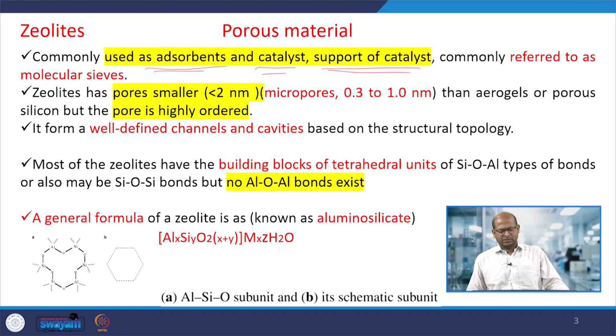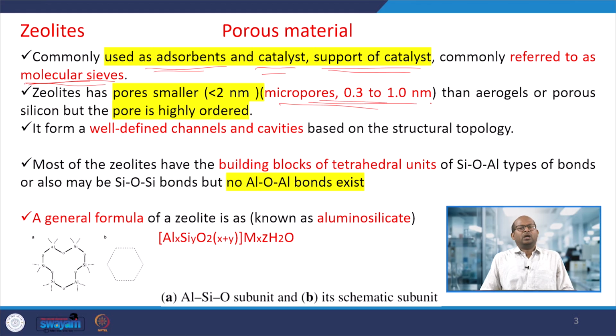Also, these materials are used as molecular sieves, known as molecular sieves, since they consist of microporous materials. The pore structure is less than 1 nanometer, or 0.3 to 1 nanometers.